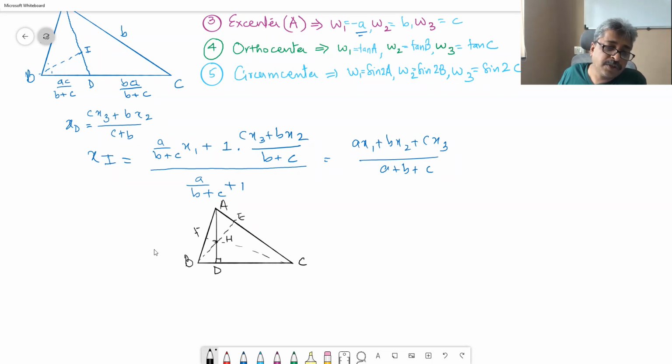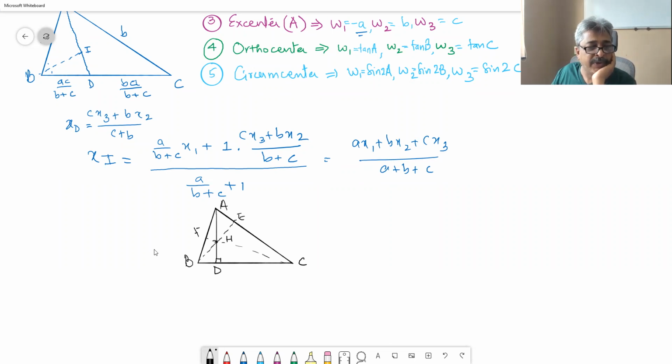So this is H. So first we need D, coordinates of D, then we need coordinates of H. So in what ratio D divides BC we need to find out. And after that, in what ratio H divides DA, that we need to find out. And if we use those lengths, which we anyway know in trigonometry, what is AH, what is HD, what is BD, what is DC, etc., then I think we should be able to get it.